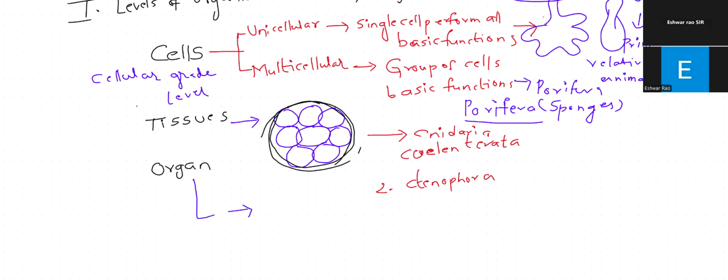For example, a bean-shaped structure where a renal artery enters and a renal vein exits, or a four-chambered heart, which is present in the mediastinum, the place between the lungs. Different types of tissues combine to form organs. Organ level of organization is seen in phylum Platyhelminthes.